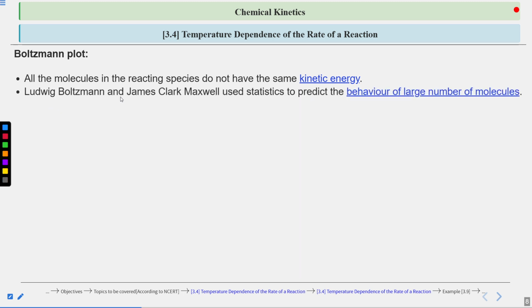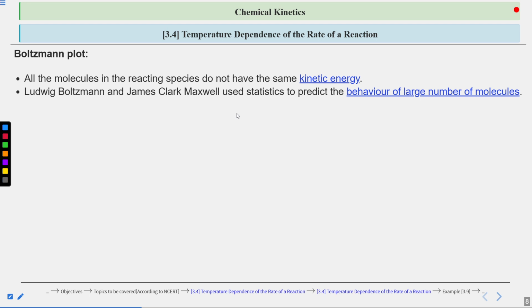Ludwig Boltzmann and James Clerk Maxwell used statistics to predict the behavior of a large number of molecules. These two scientists used statistics at that time to predict whether the kinetic energy would be larger or smaller between the two reacting species.